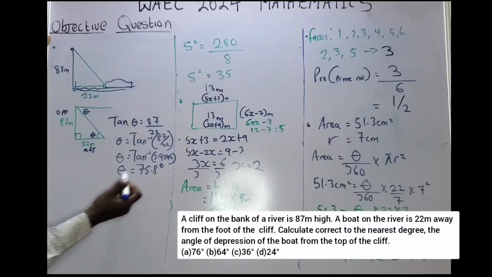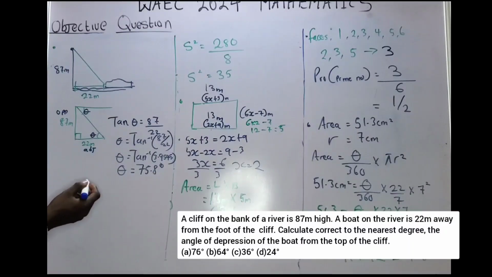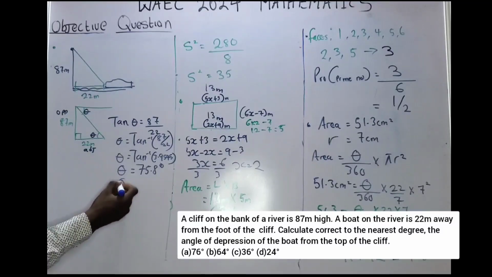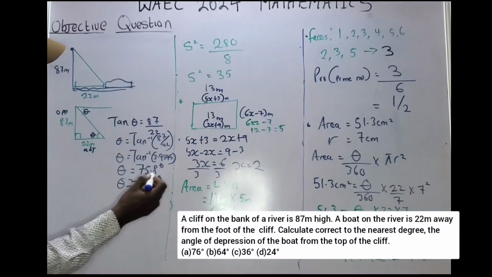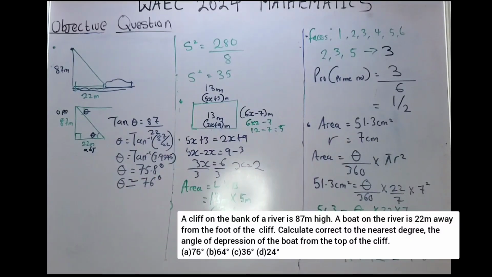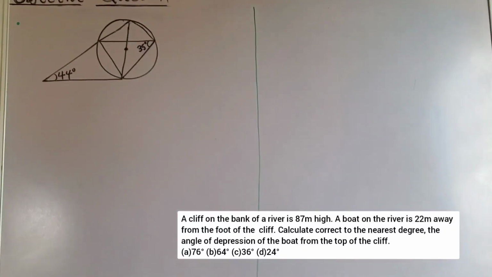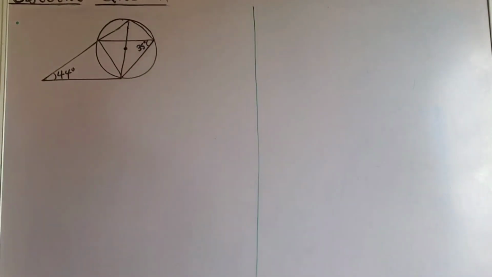Now we are told to approximate to the nearest degree. Please pay attention. So if you approximate, theta is equal to 76 degrees. Do you understand? Okay, so that is the solution to that question. The correct option is option A. Okay, let's move to the next question.